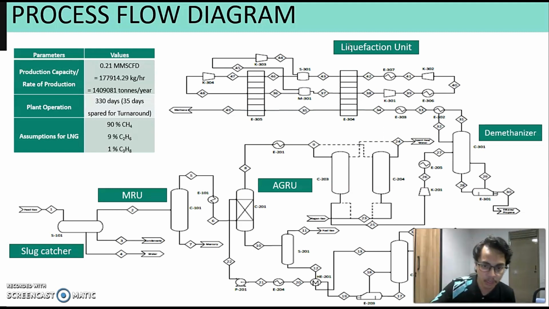And from this PFD, it can be seen a few major units, which are slug catcher, MRU, AGRU, DHU, demethanizer, and liquefaction.